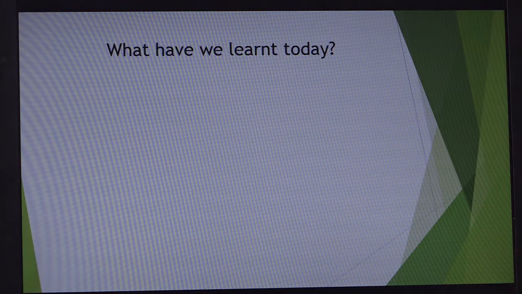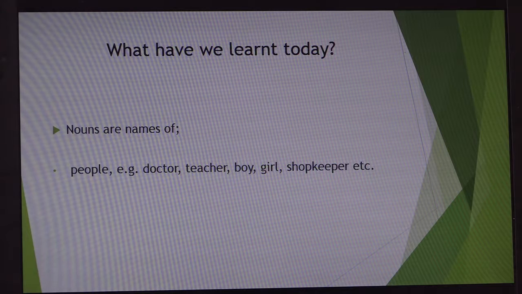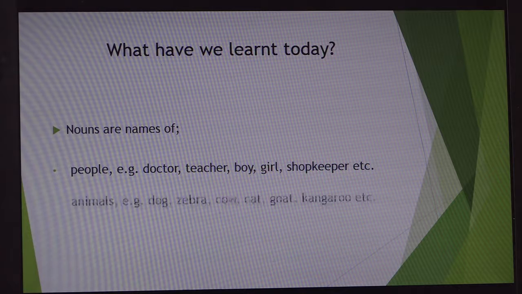In our lesson today, we have learned the following. 1. That nouns are names of people, for example, doctor, teacher, boy, girl, shopkeeper, and many others.